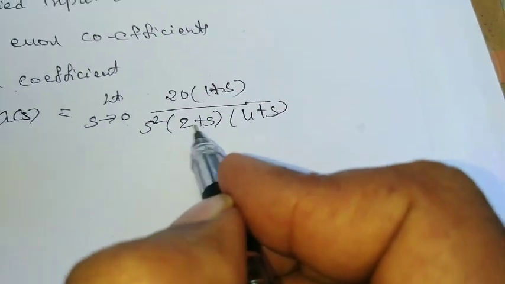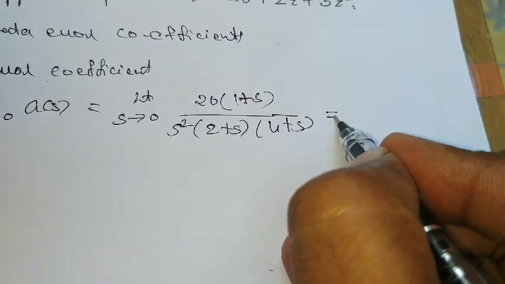If I substitute s equal to 0, the s square term, since this is a type 2 system, will become infinity.